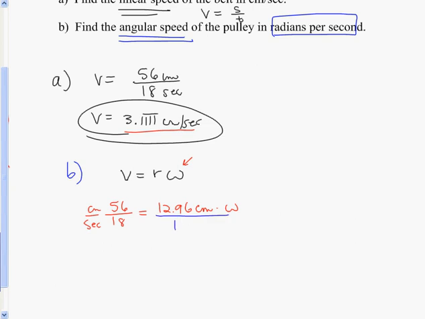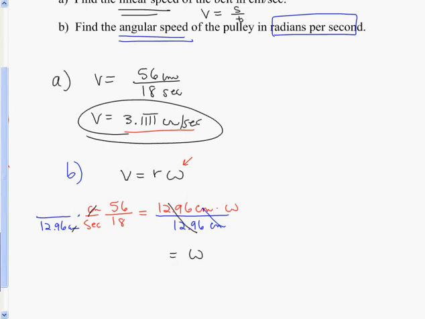So I could divide this by 12.96 centimeters as long as I divided this by 12.96 centimeters. Okay, the centimeters cancel, and so these cancel. Omega is going to be left.